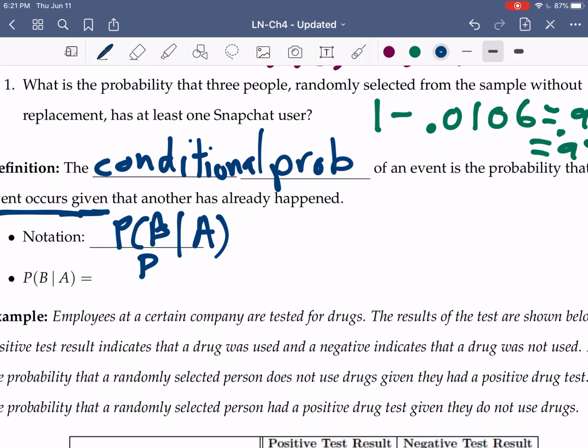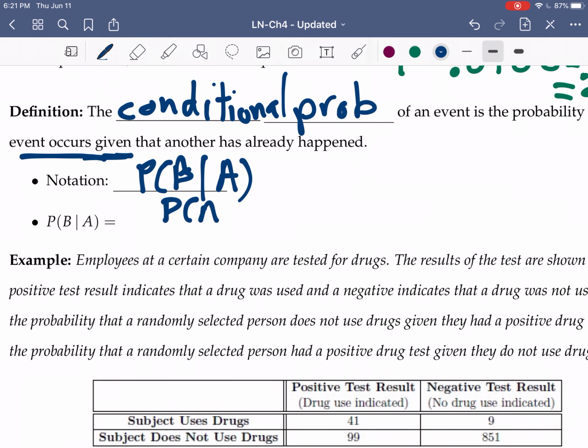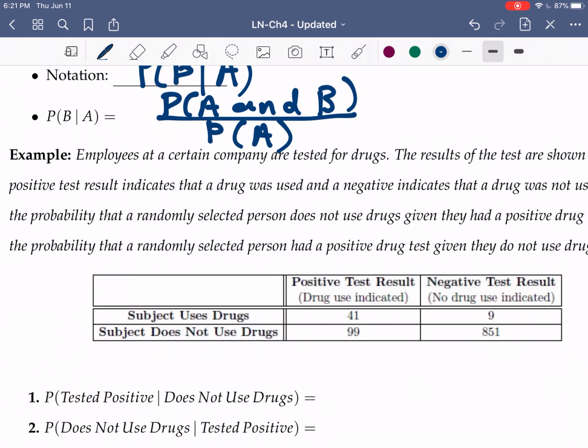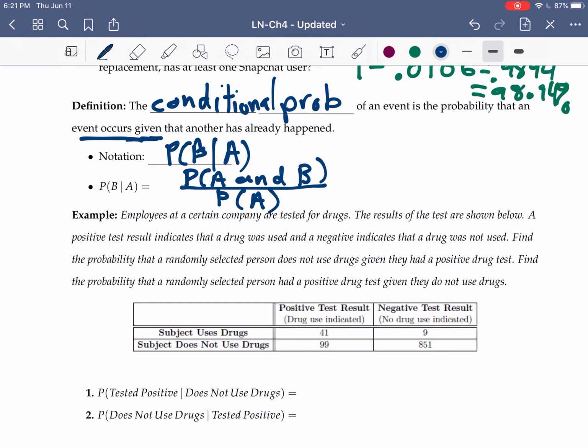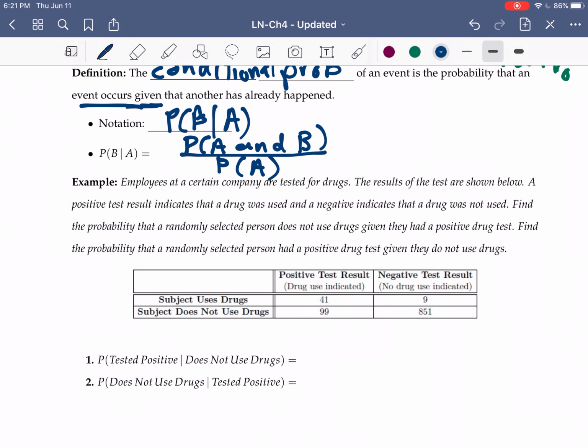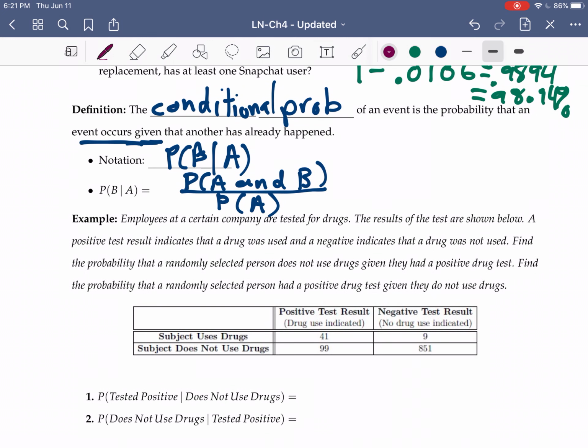As a formula, we can calculate this as the probability of A and B divided by the probability of A. All right, so we'll go through an example. In this example, that formula works, but we're going to avoid using the formula. We're going to use a little bit more intuition and think about what this conditional probability means.